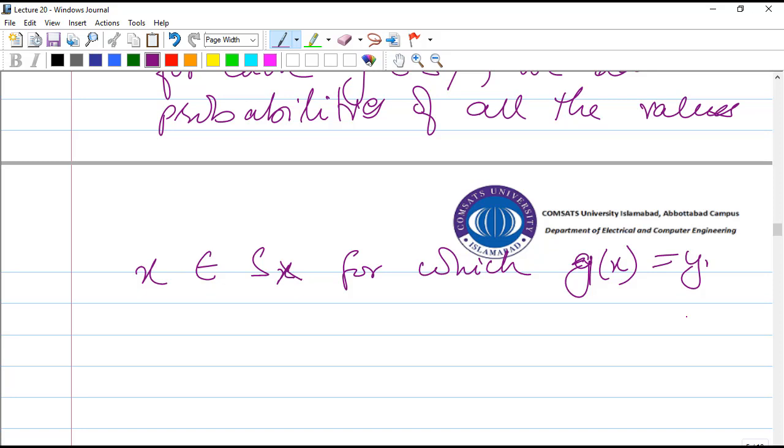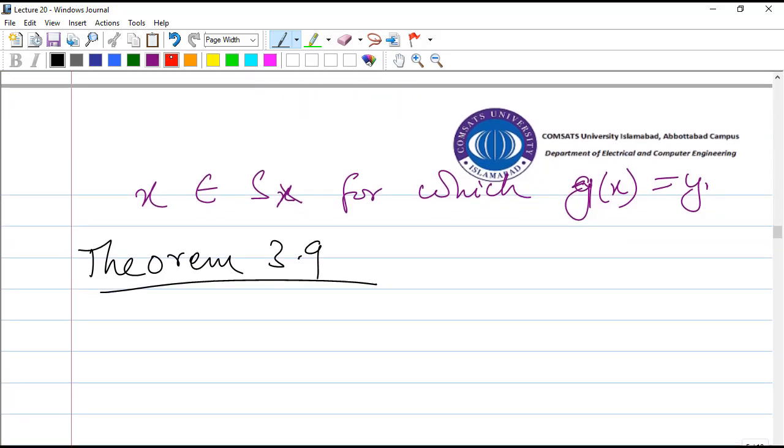Generally we can write it in the form of a function, or we call it here a theorem, which is Theorem 3.9. Now we can write it in generalized form.